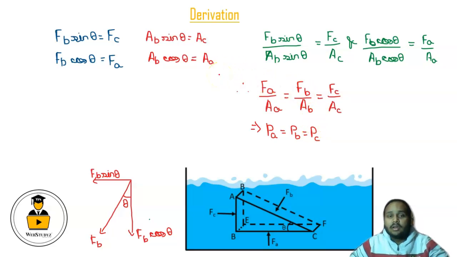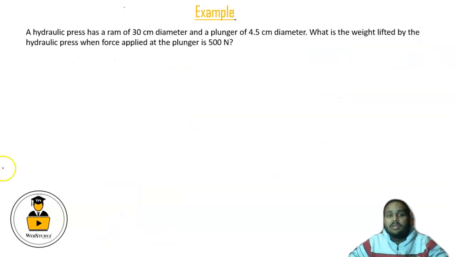Since we understood the derivation, now we can solve a question based on this for better understanding. The question is: a hydraulic press has a ram of 30 centimeter diameter and a plunger of 4.5 centimeter diameter. What is the weight lifted by the hydraulic press when the force applied at the plunger is 500 Newton?